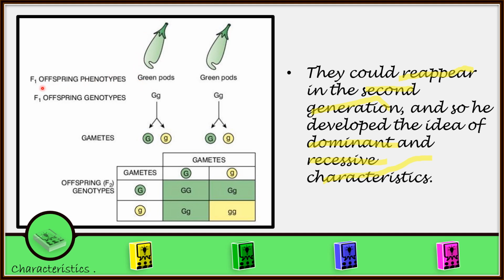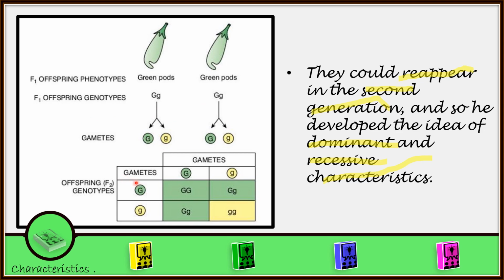Now, the F1 offspring phenotype, all of them were green, and all of them had a genotype of capital G, small g. So he crossed them with their green pods, which is their phenotype, and their genotype was capital G, small g. When they formed gametes, each one formed two gametes, capital G and small g.